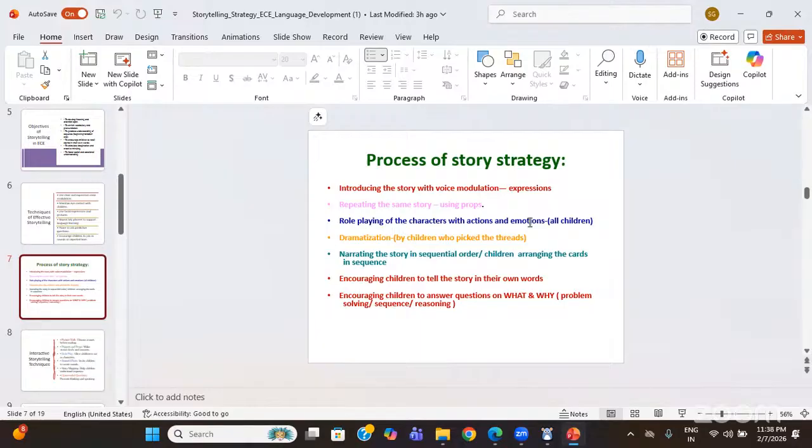So this is very, very important. During role play, please make a note of it: all children will become the characters of the story. For example, in this story which I have narrated just now, the story of the chick.